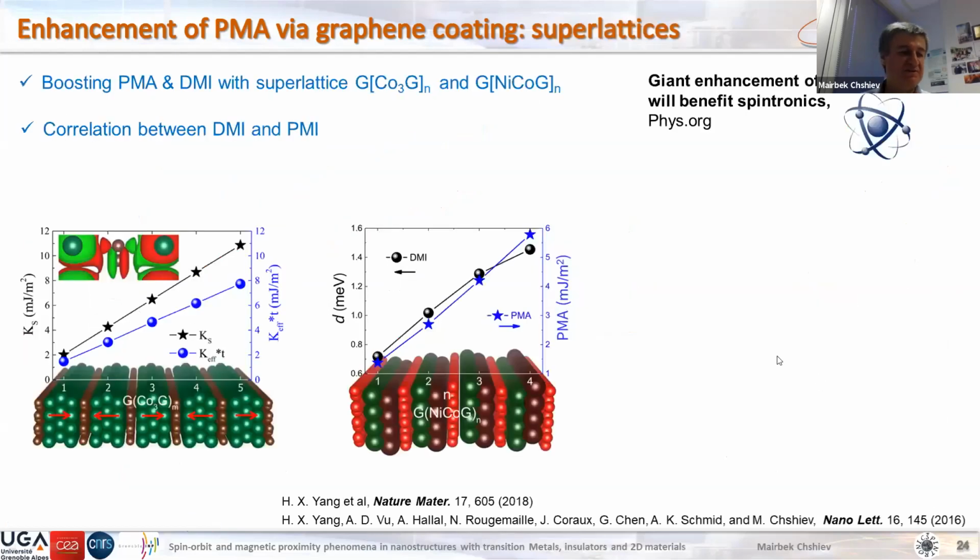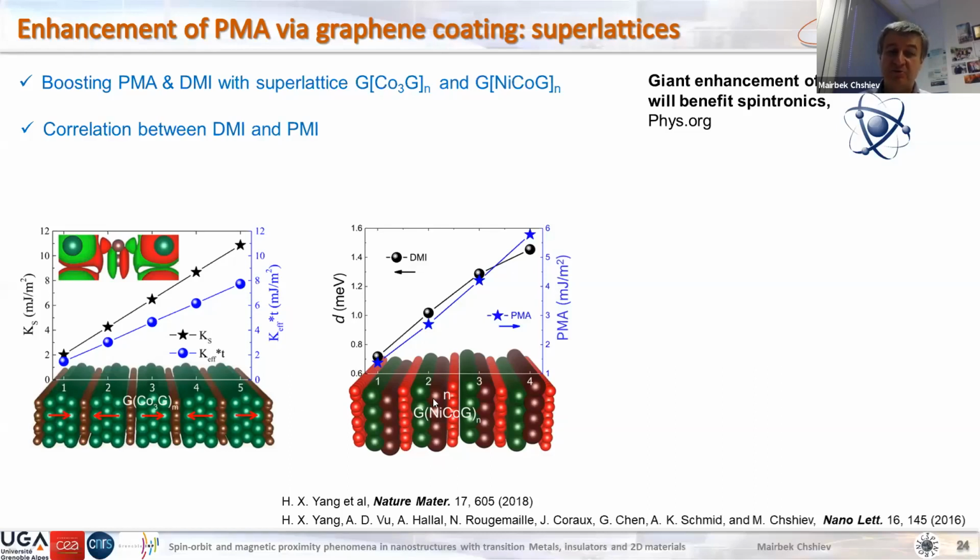And then we decided also to do, well, experimentally these are not easy to fabricate, of course, as our colleagues told us, but still, theoretically we can look, why not create these superlattices or super heterostructures, cobalt-graphene repeated many times. And first we looked at the anisotropy. And here we see that both surface anisotropy and effective anisotropy, of course, you can go and increase it. And what we notice is a strong antiferromagnetic exchange coupling between cobalt across graphene.